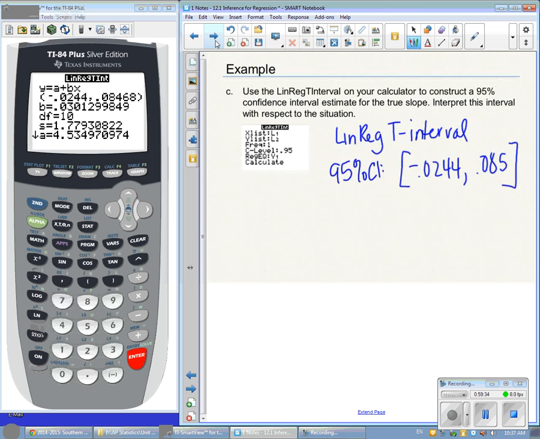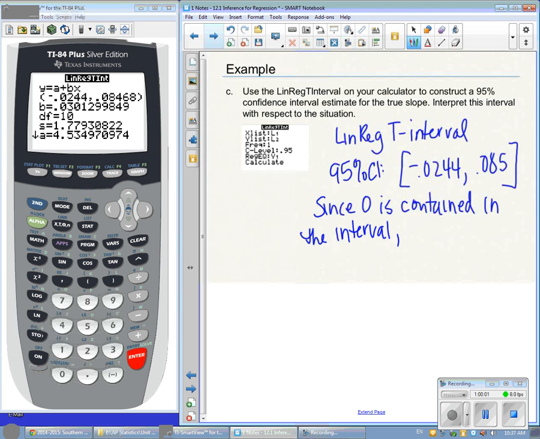0. So, are we going to be able to conclude that they leave larger tips? No. So all you have to say is, since 0 is contained in the interval, and I would include the 95% confidence.